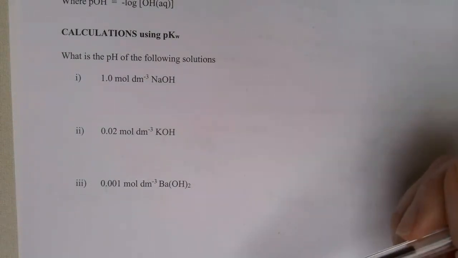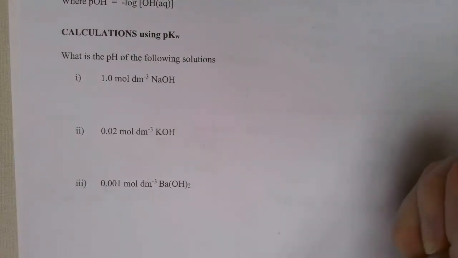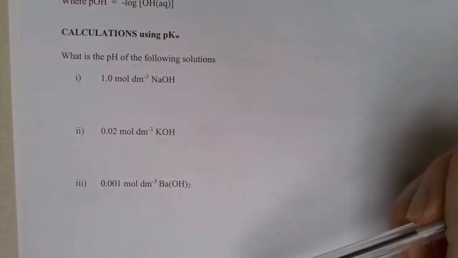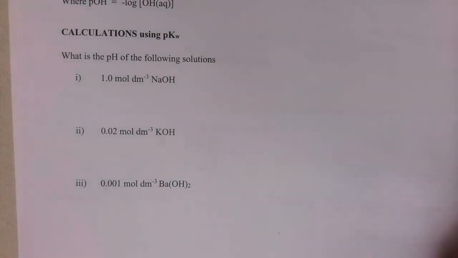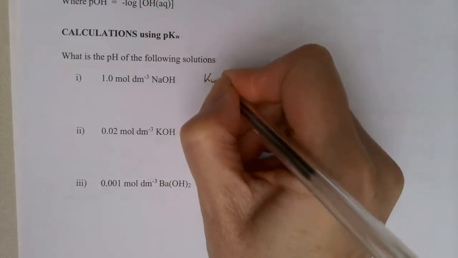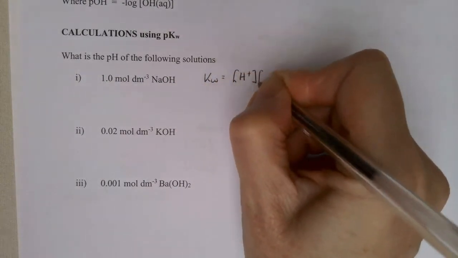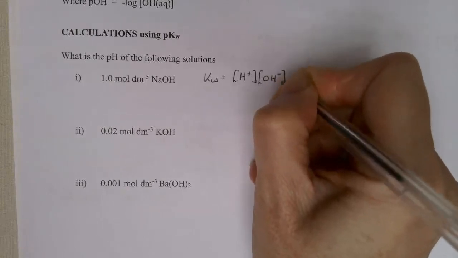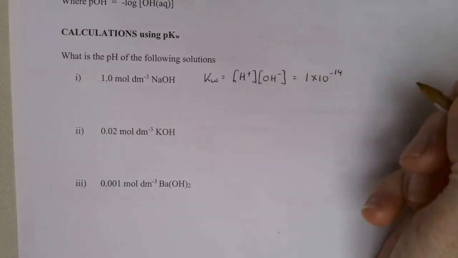It's really up to you which method you use to work out the pH of the following solutions. So I'm going to do two examples using the two different methods. You just choose which one works best for you. So using the method on the previous page, we know that Kw is equal to the concentration of the hydrogen ions times the concentration of the OH negative ions, and that is equal to 1 times 10 to the minus 14.